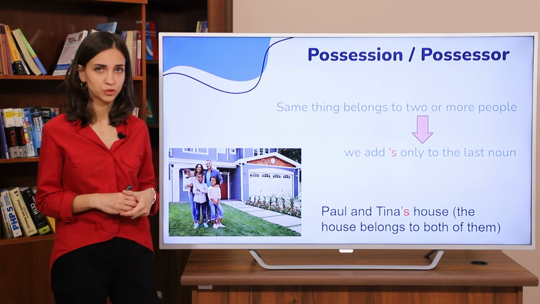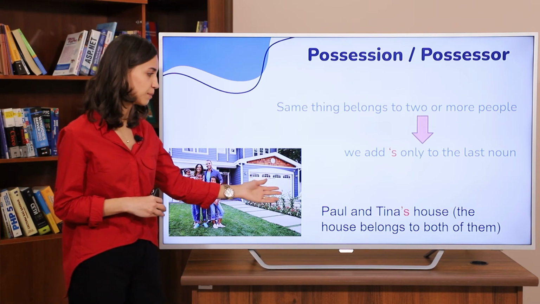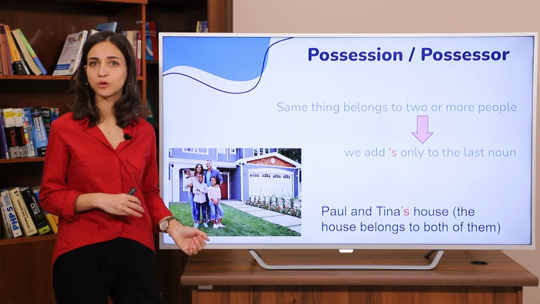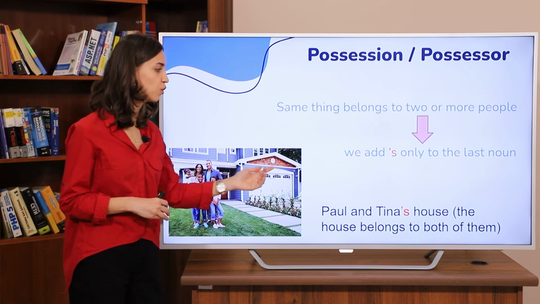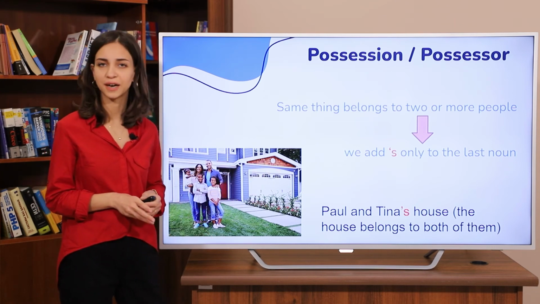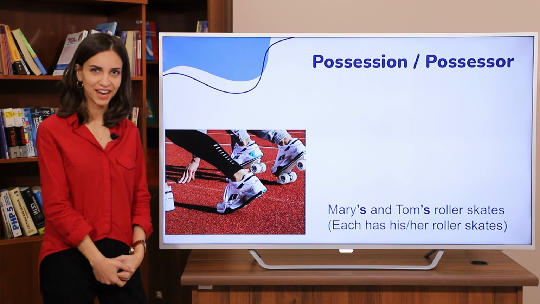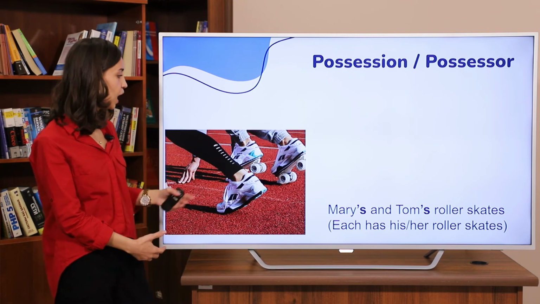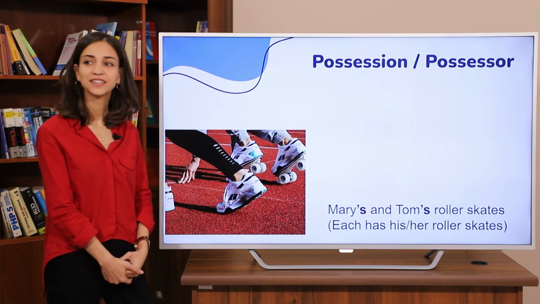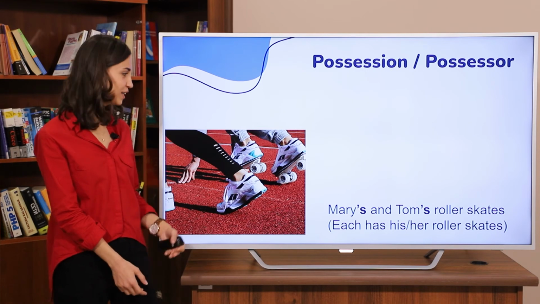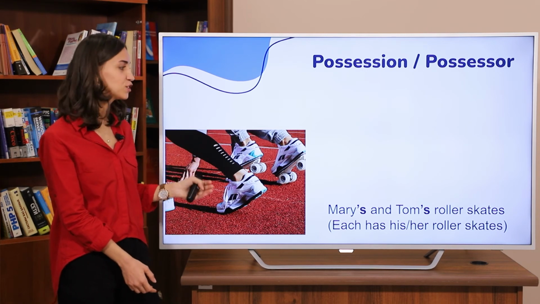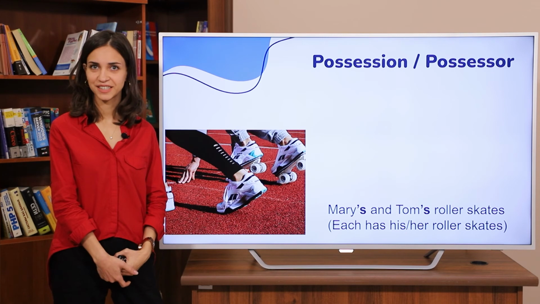Let's look at the example. Paul and Tina's house. We have apostrophe s only at the end of the word Tina. Now, let's look at this picture. What do we have here? Roller skates. How many roller skates? So, we have Mary's and Tom's roller skates.